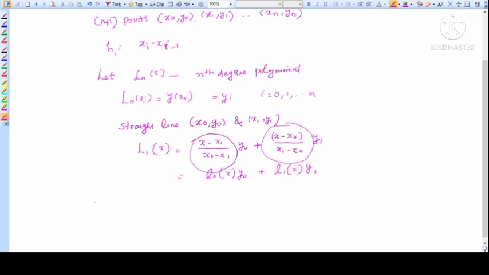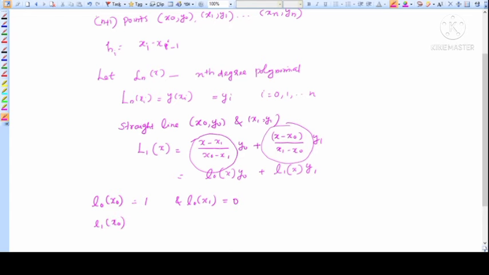So when we put, what is L0 of x0? L0 of x is x minus x1 by x0 minus x1. Put x is equal to x0, you will get x0 minus x1 divided by x0 minus x1. So L0 of x0 is 1, and L0 of x1 will be 0. And what is L1 of x0?